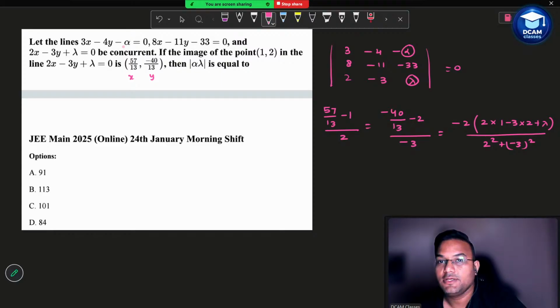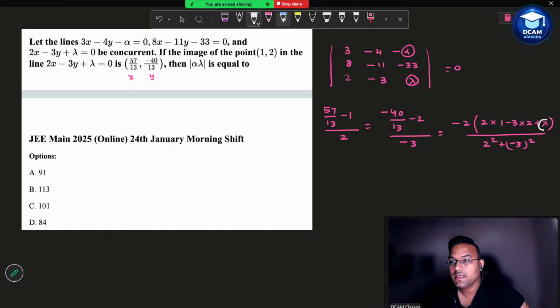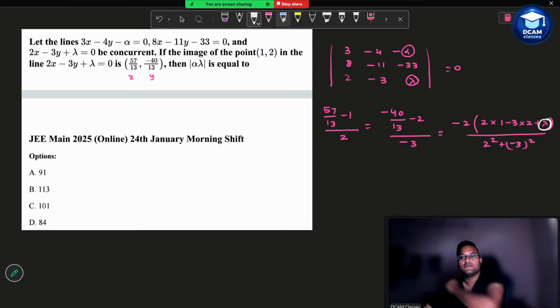From this condition, you will get lambda. Either solve with x1 or with y1, you'll get lambda from here, and then put it in the above determinant equation, and you'll get alpha. Okay, sir.